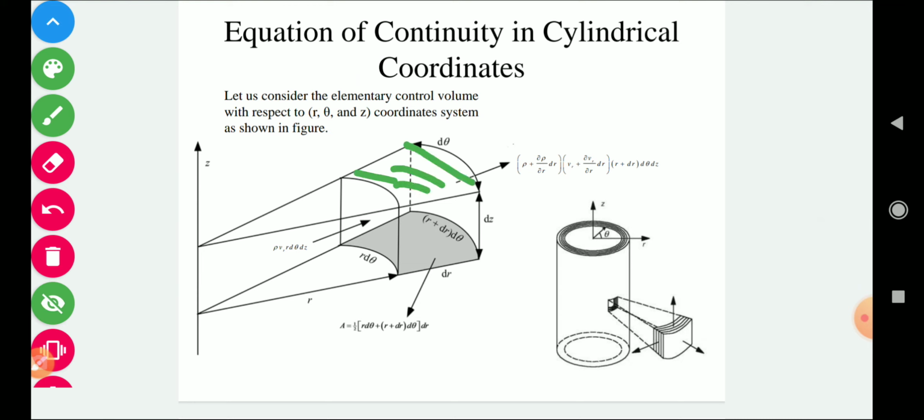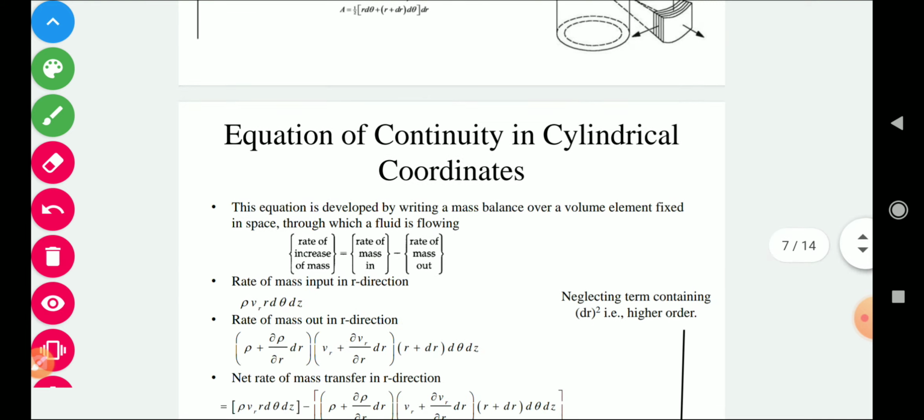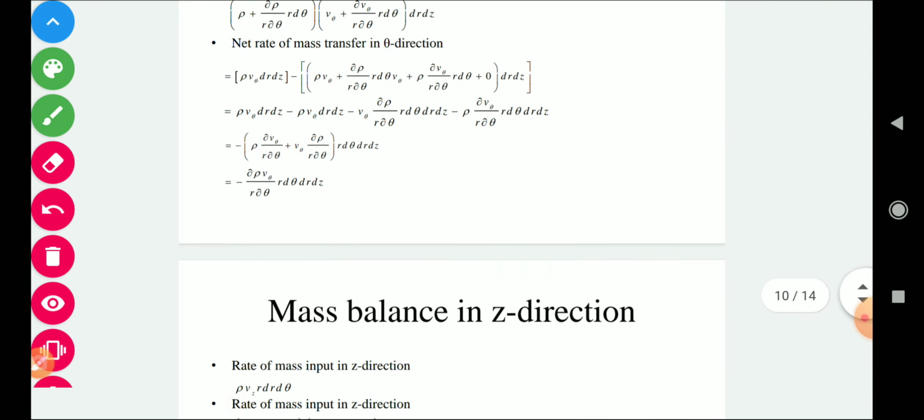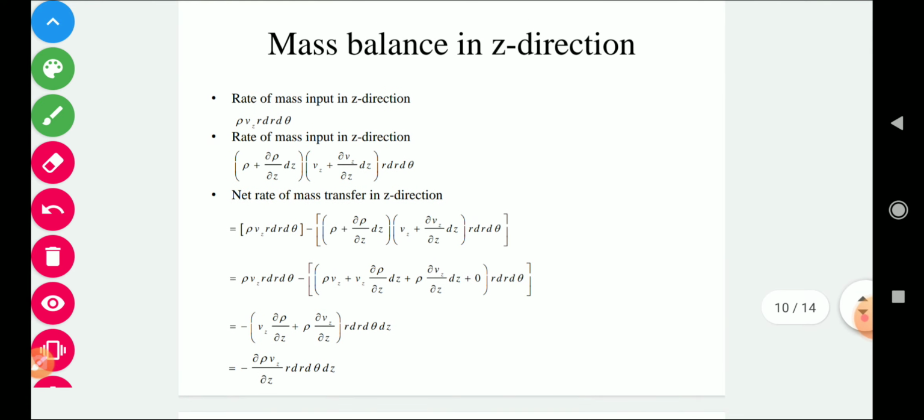So here area, this length is r d theta and this length is dr. So surface area will be equal to r dr d theta. R dr d theta will be the surface area. So r dr d theta into rho vz. So this will give rate of mass input in z direction.